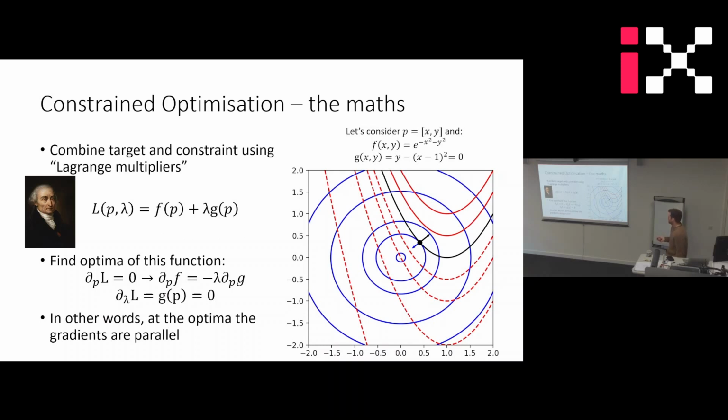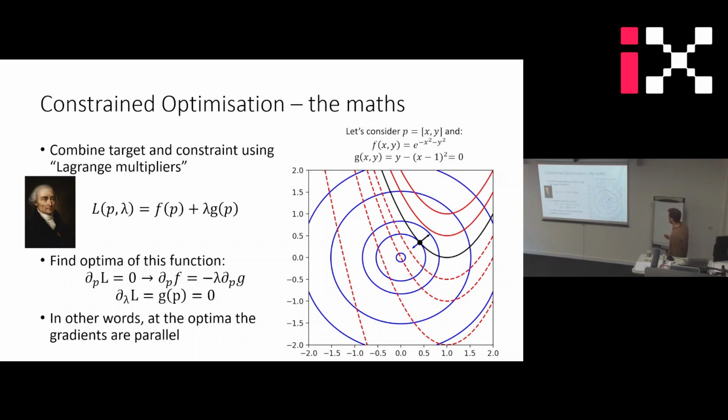If we differentiate with respect to the parameters that we're allowed to change, we get that the gradient in the target is equal to some scalar times the gradient in the constraint, i.e. at the optimum, the gradients are parallel, which is the same thing I was trying to say with you're standing on the path, the direction of steepest descent is 90 degrees to you. That would be the same as the gradients of your path and your target are parallel.